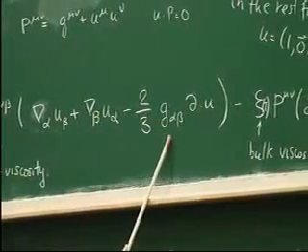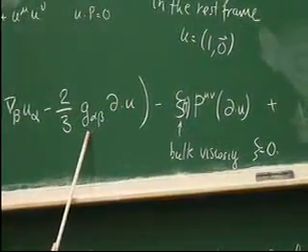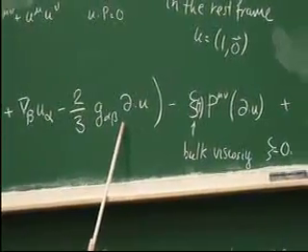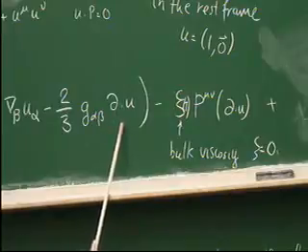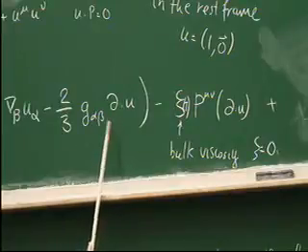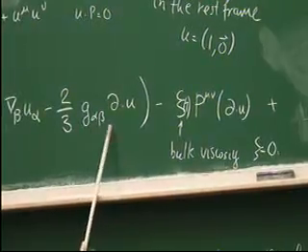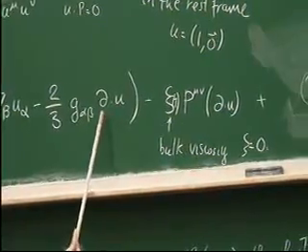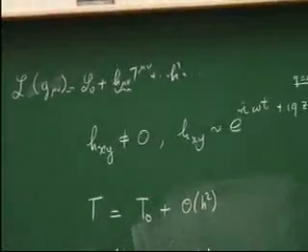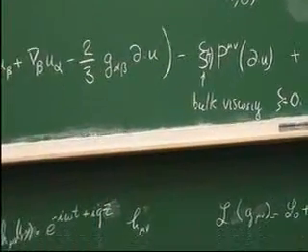This one is g_xy times the divergence of u. There is a term like this, but the divergence of u would be a nonlinear term, because we are working at linear order in h. This term will contain another power of the perturbation.